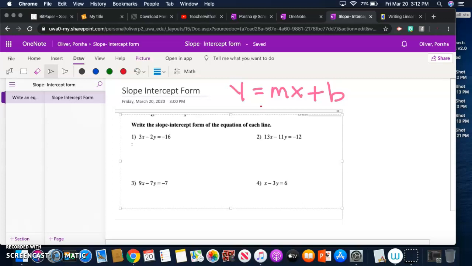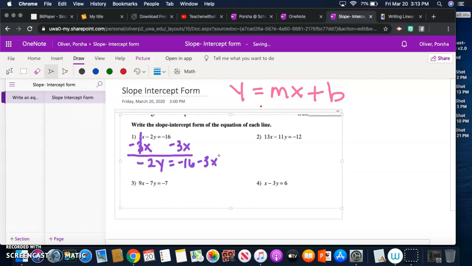So what we're going to do is subtract 3x on both sides of this equation. We know that 3x minus 3x is a zero pair, so that's going to cancel out. And what we're going to have left next is negative 2y is equal to negative 16 minus 3x.